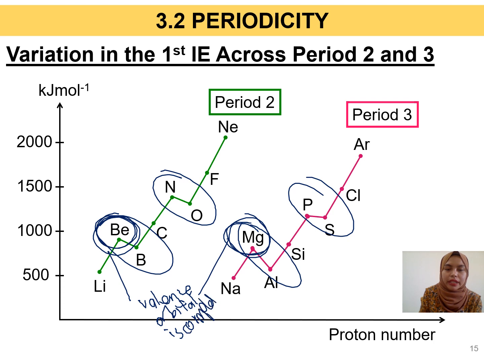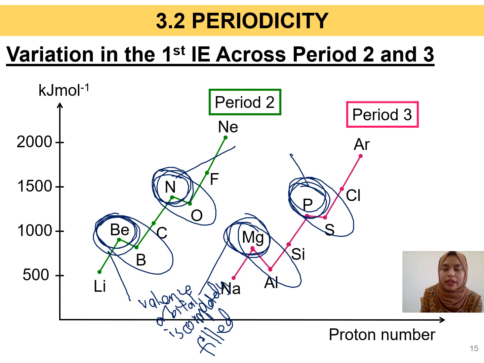Okay, completely filled. It's full. And then why does nitrogen have higher ionization energy than O, and why does phosphorus have higher ionization energy than sulfur? Because the valence orbital for N and also P is half filled.